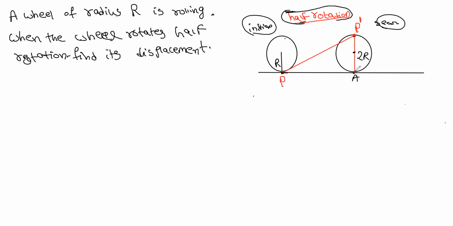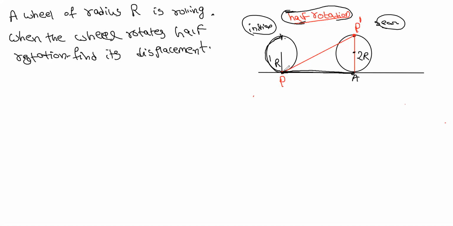Now how to find PA? PA is nothing but how much it rolled in half a rotation. That rolled distance is the half circumference, and the same distance is PA.